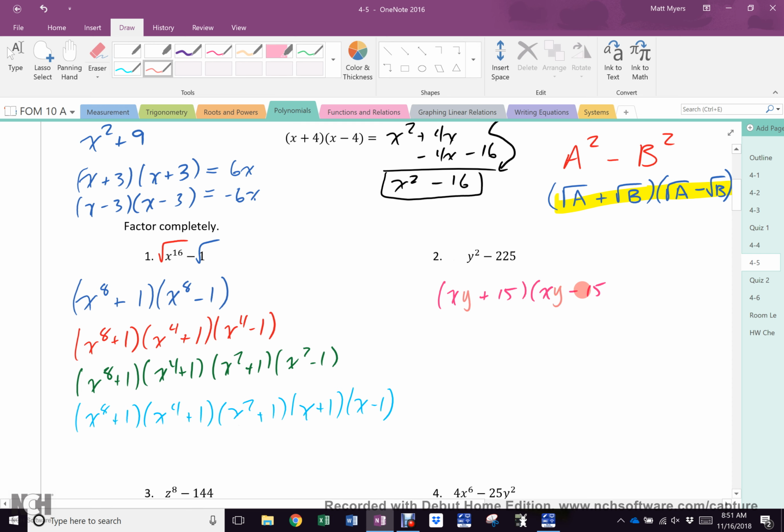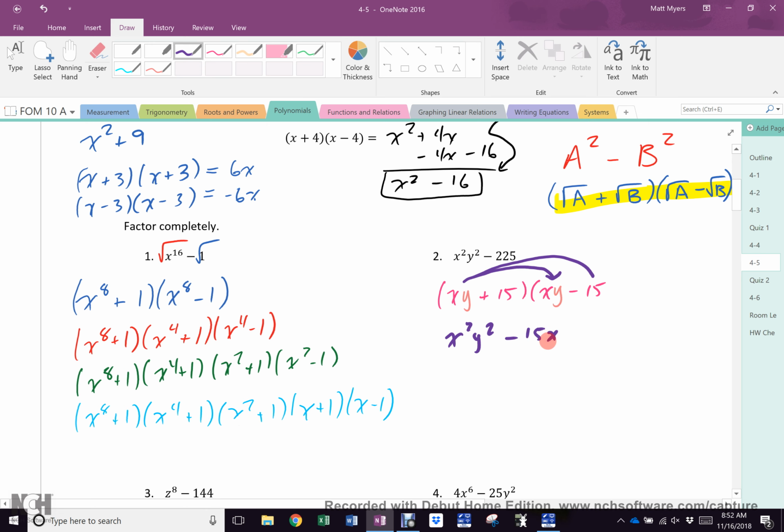And now it's done. Do you ever need to worry if you've done it right or not? Do you? No, because you can check. What is xy times xy? X squared, y squared, isn't it? What is xy times negative 15?